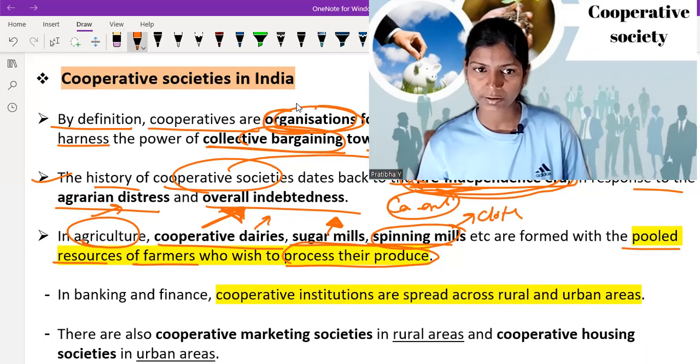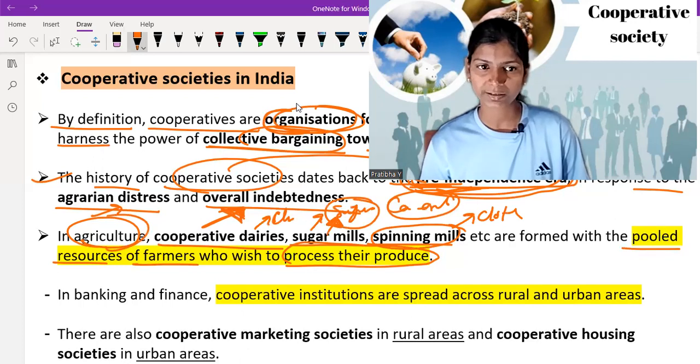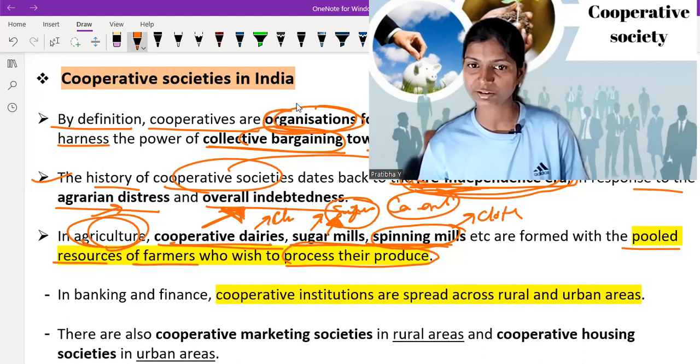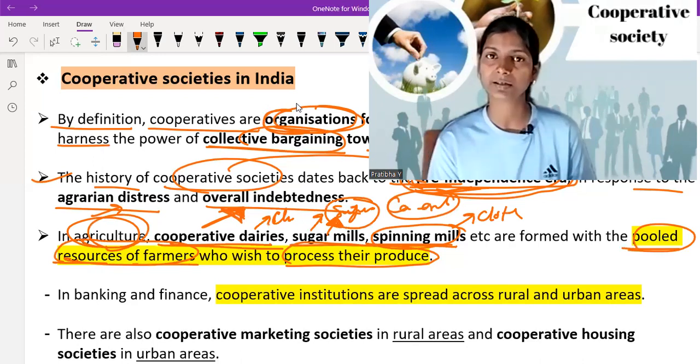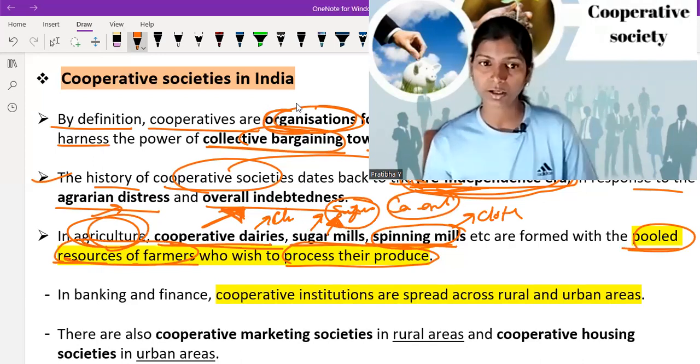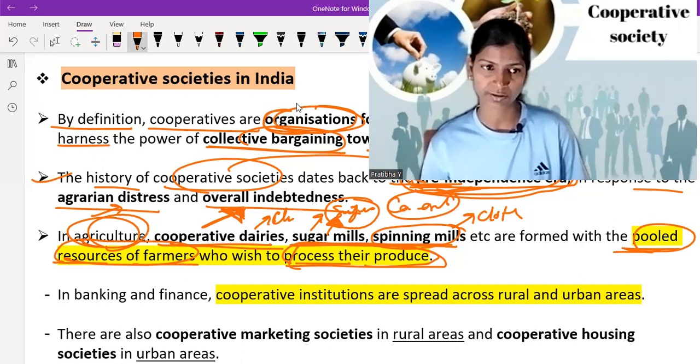So in agriculture, cooperatives like dairies, sugar mills and spinning mills are formed with the pooled resources of farmers. Farmers give resources, let's say their milk, their sugar cane, and their cotton, and try to process them and produce some product out of it. So they form a cooperative society.